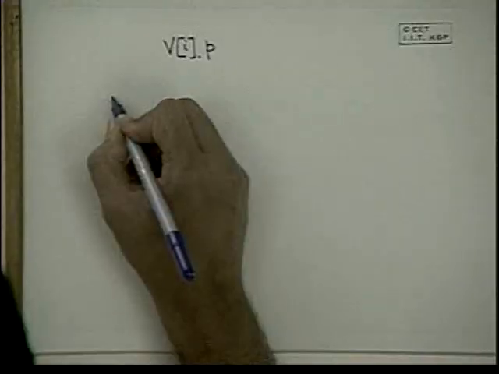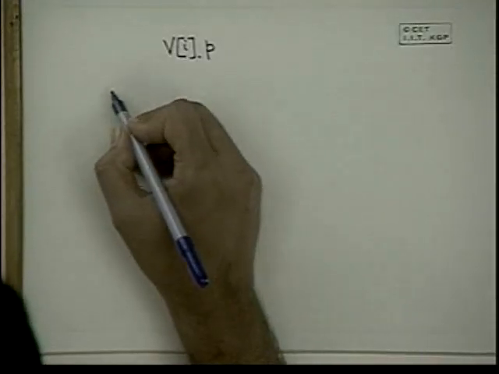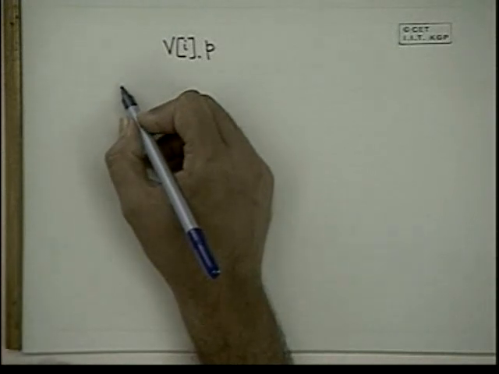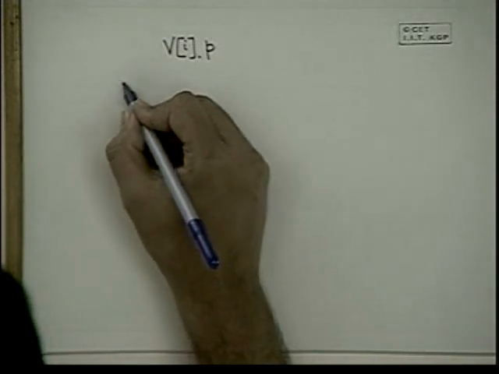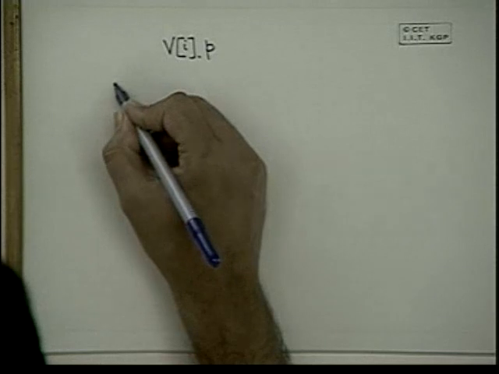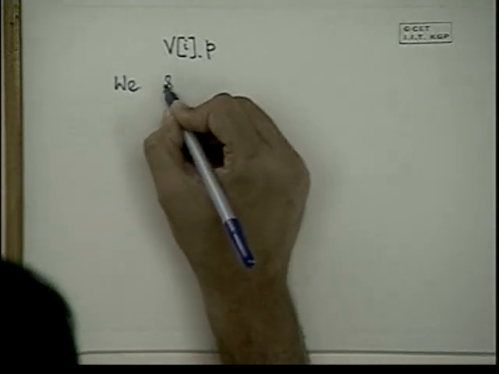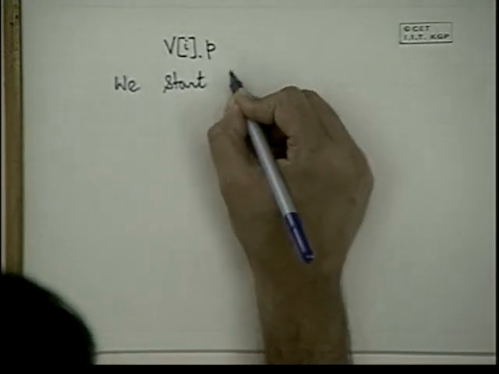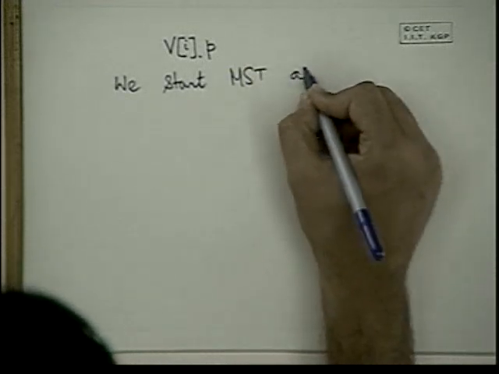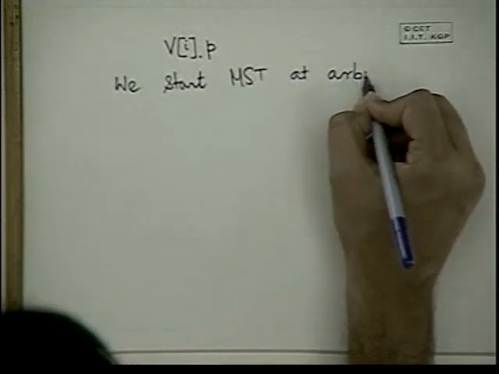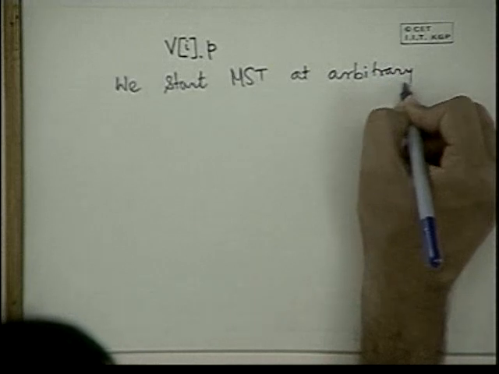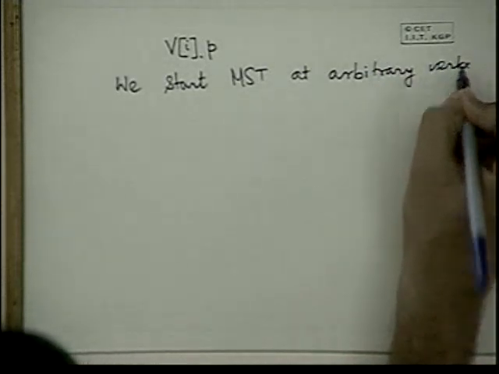Suppose we start building the minimum spanning tree at an arbitrary vertex whose number is k. You can choose any vertex basically, k.